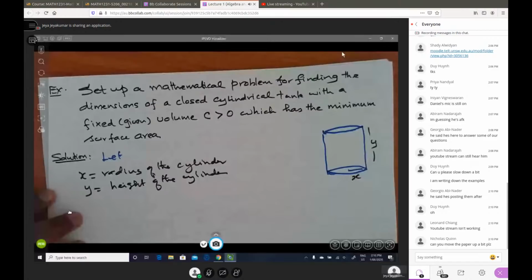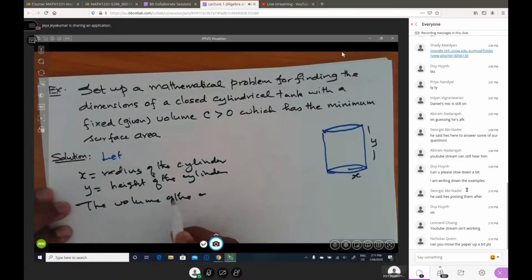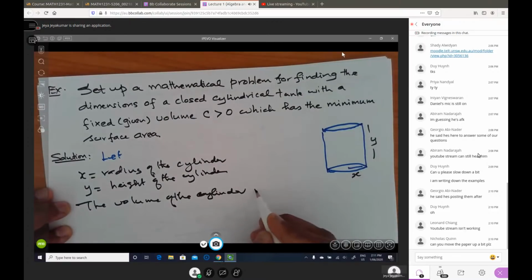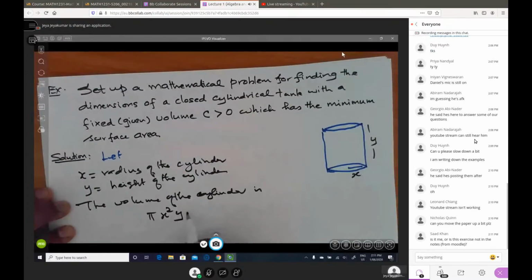So the volume of the cylinder is the height times the area of the circular cross section, which is given by pi x squared y, which is given as a constant c.